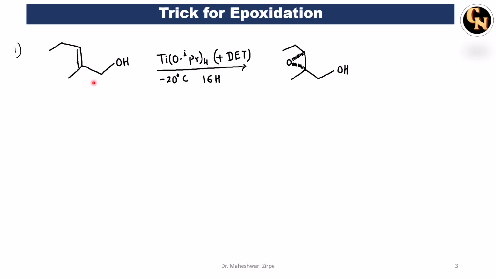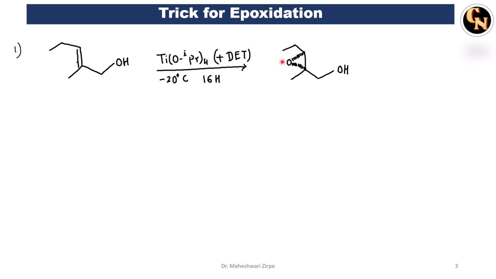This is an allylic alcohol, and if you see the reagents on the arrow, that is plus DET and titanium, that reagent which was used, immediately after seeing the reagents on the arrow it should click that it is a Sharpless epoxidation. So the pi bond is going to convert into an epoxide, like I have shown here, that it is below the plane.